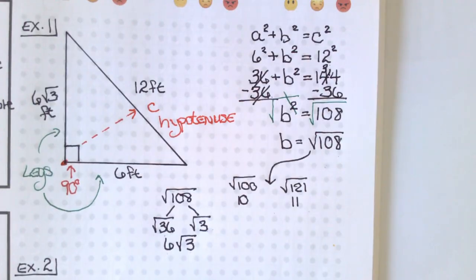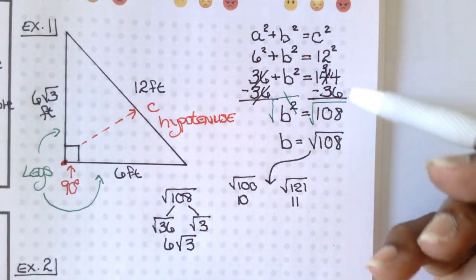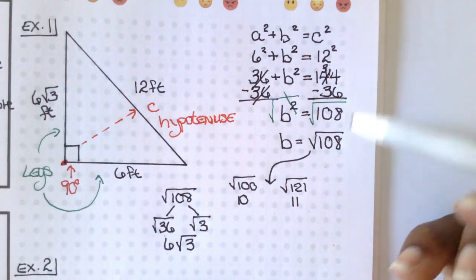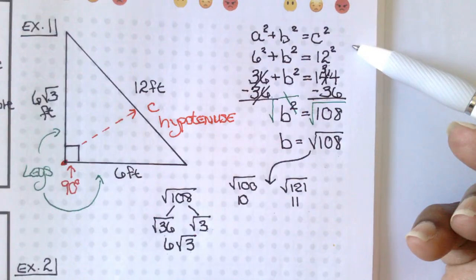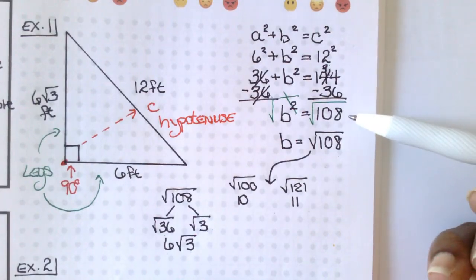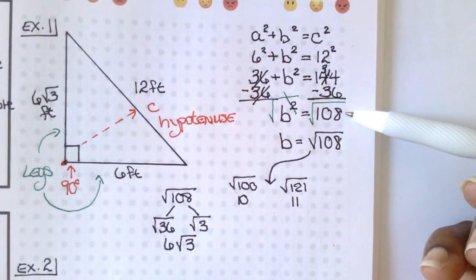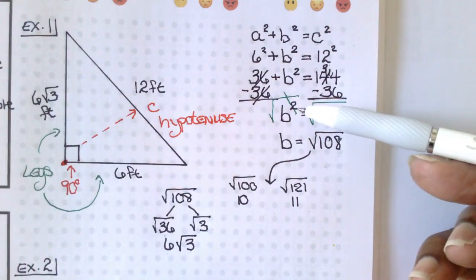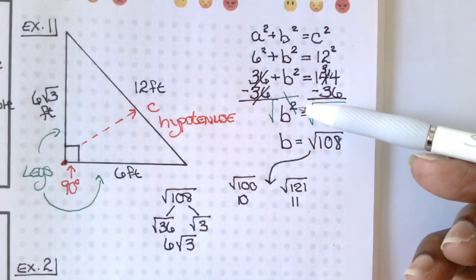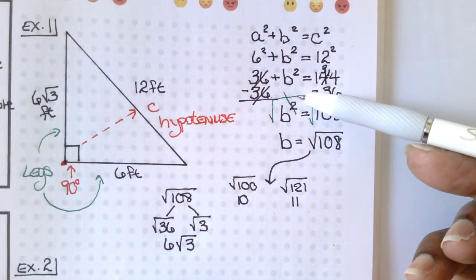Alright, so when it comes to radicals, the Pythagorean Theorem has a mixture of things going on. One, you have to understand exponents. Two, you have to know how to solve an equation by isolating the variable. Three, you needed to know the inverse of a square is a square root.